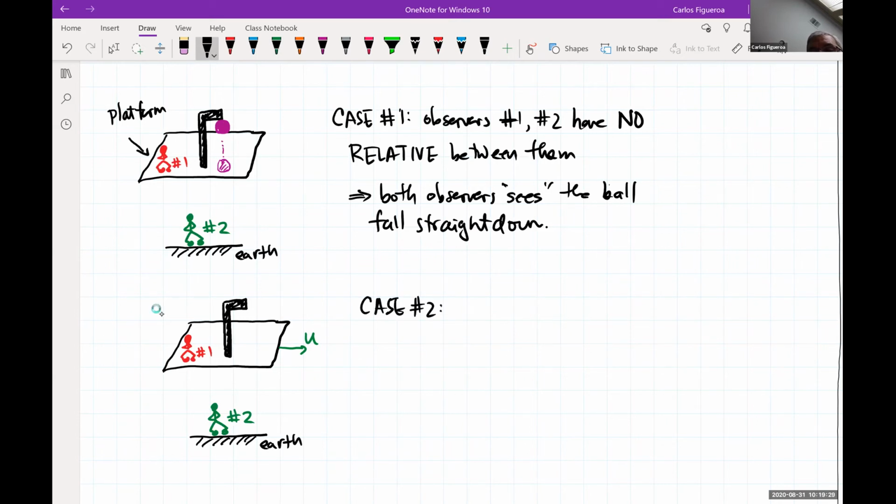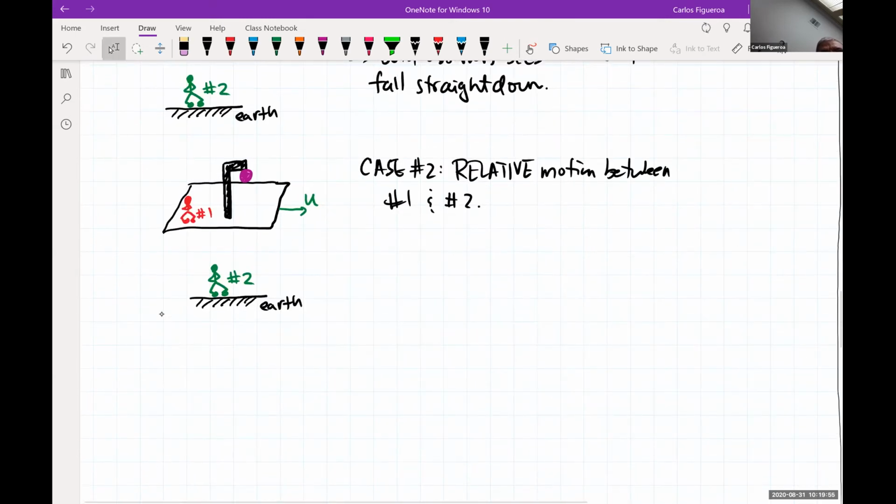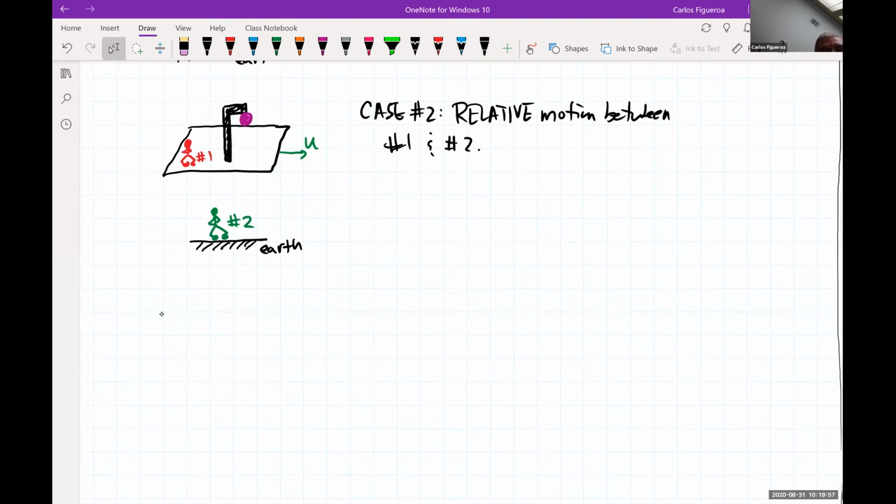So now there's relative motion between observers number 1 and number 2. Okay? So the question is, what do they actually see here? For starters, if there's relative motion, you could imagine the scenario where this is the ball right here.